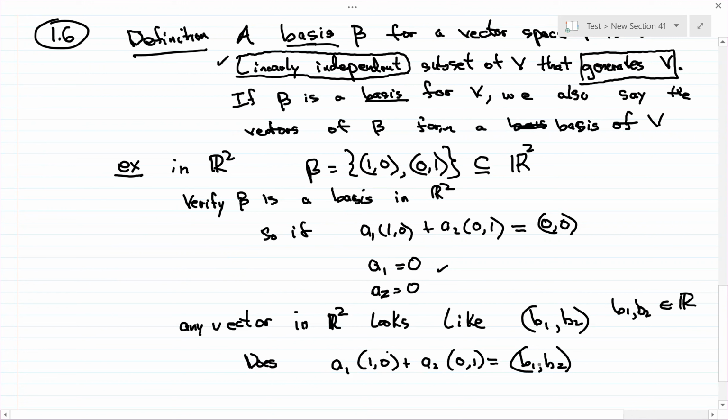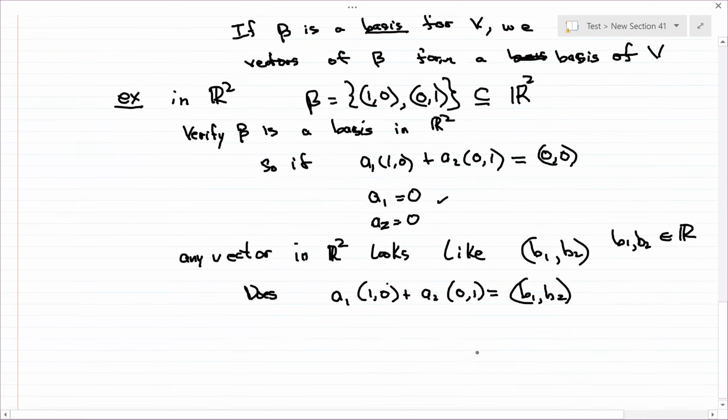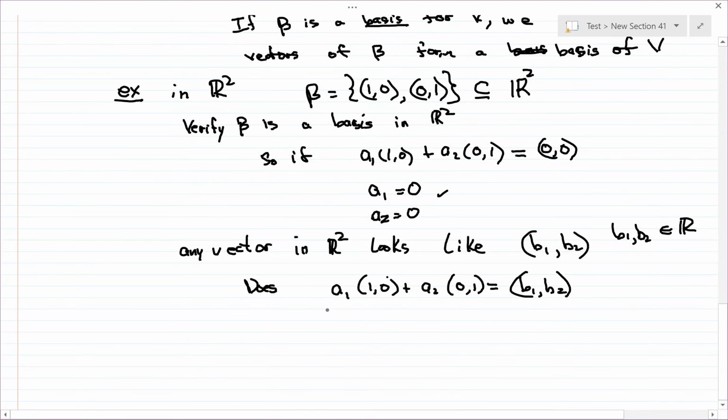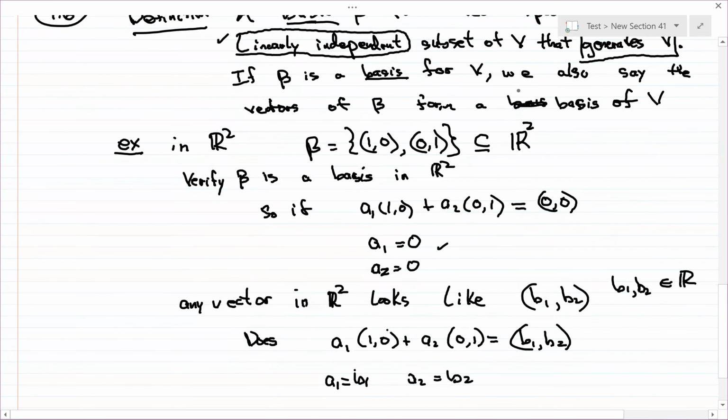In a sense, linearly independent says, if you had 0 on the right side, the only solution is this. Now we're asking, if you got any vector on the right side, is there a solution? And the answer is sure. What would the solution be? You'd have to pick a1 to be b1, and you'd have to pick a2 to be b2. So any vector in R2 could be written as a linear combination of these vectors. That means these vectors generate the whole vector space R2, and that's the second condition.